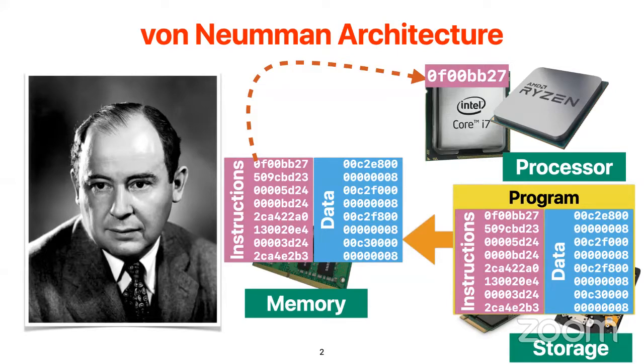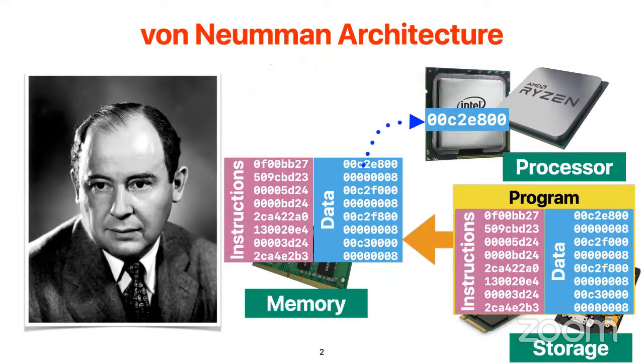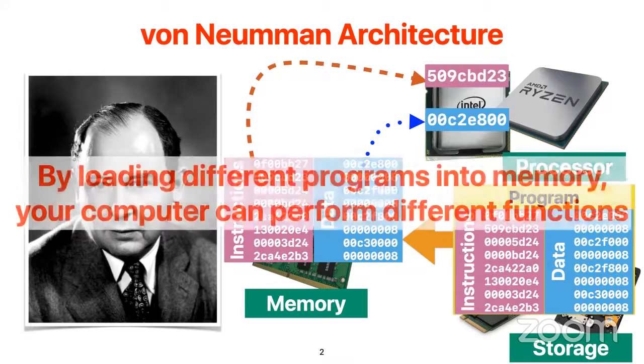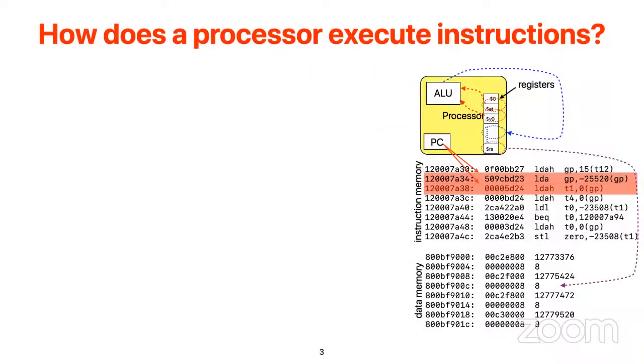And not just the data. Data, occasionally, maybe 30%, 40% of the time, your instruction will need to access. But don't forget that except for data, every instruction also comes from the memory. And by loading different programs into the memory, your computer can perform differently. So that's the whole idea of von Neumann architecture.